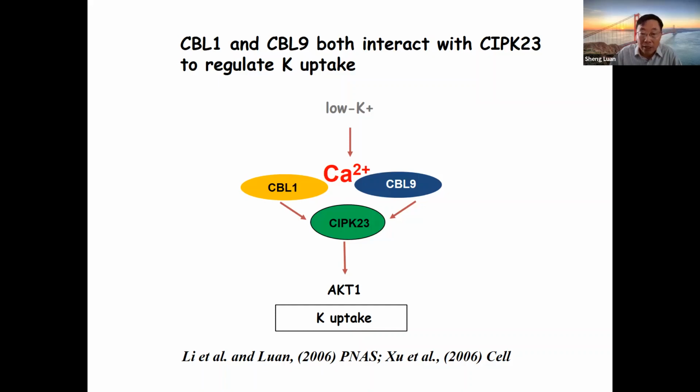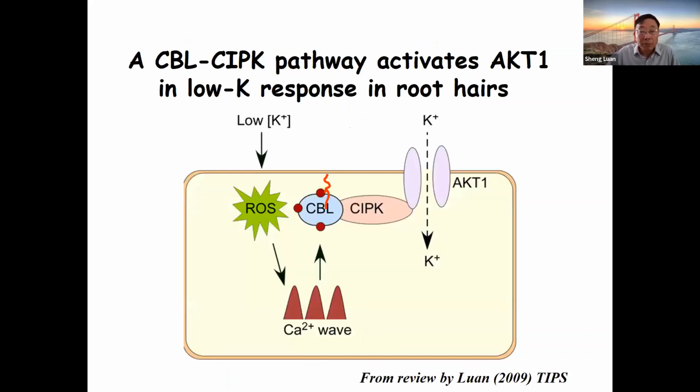And AKT1 functioning in potassium uptake was actually discovered by Edgar Spalding and Mike Sussman in your school. For a half century, people knew that if you start a plant with low potassium, and a few days later compare the starved plant with the control well-fed plant in a potassium uptake assay, the starved plant takes up potassium much faster than the control group, right?